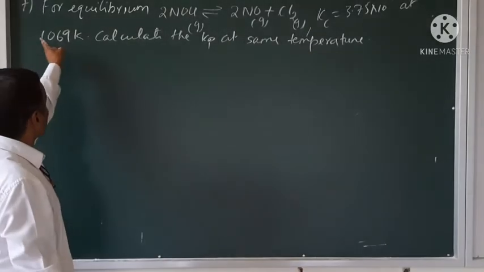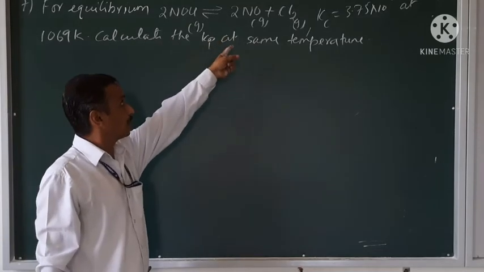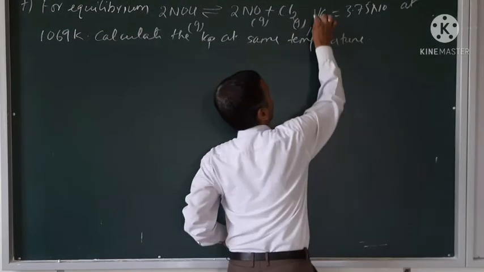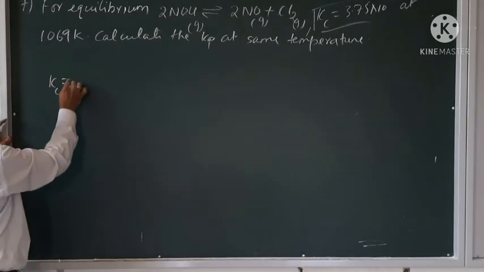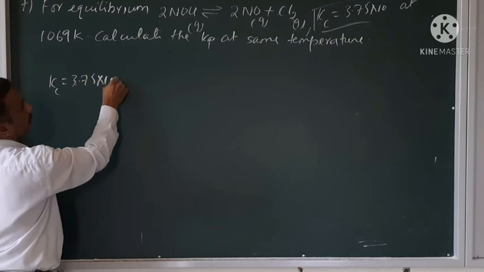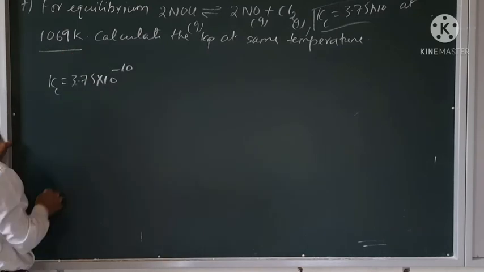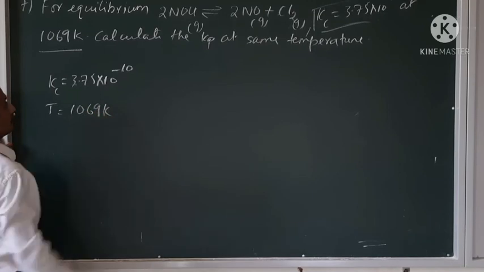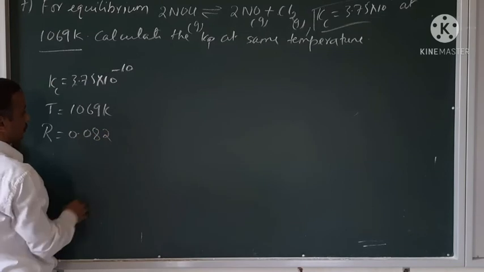Now see the next problem. For the equilibrium of 2NOCl with 2NO and Cl2, the Kc value is known. So write that, Kc is equal to 3.75 into 10 to the power minus 10 at 1069 Kelvin. T is given in Kelvin only, so write it directly. And the R value we know, 0.082.